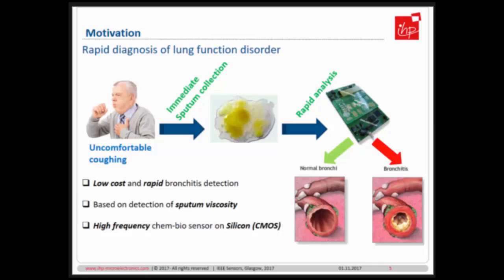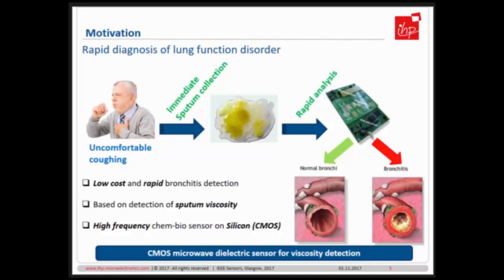We thought one way of doing it was using the high frequency, or radio frequency, technique on a CMOS platform, because when you have a CMOS chip, you can easily integrate it with a microcontroller and FPGA techniques, and have all the microfluidics on top. This helps in rapid diagnosis of these diseases. So CMOS microwave dielectric sensors are what we thought we would go for to detect sputum viscosity.